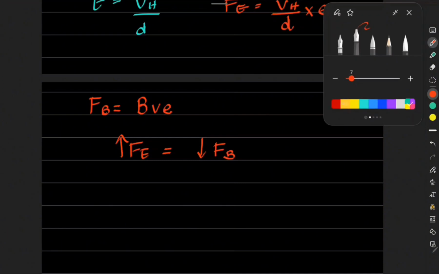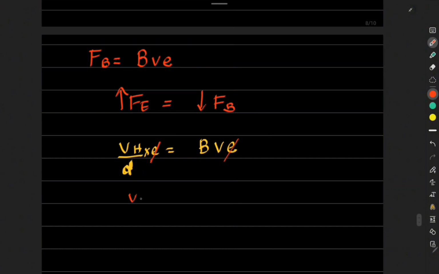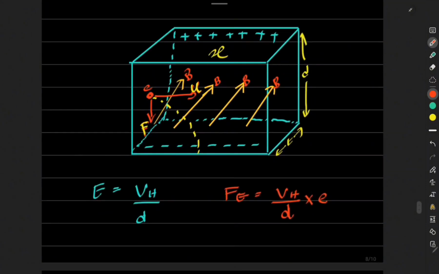Okay, let's look at this equation. VH divided by D, and here B v e, into e, the charge of an electron. The e's cancel off, and the final equation will be VH equals B v D. I'll clarify this equation using this diagram.